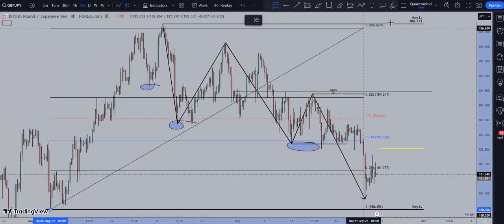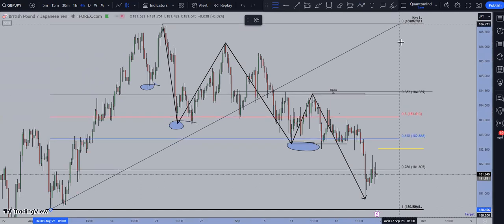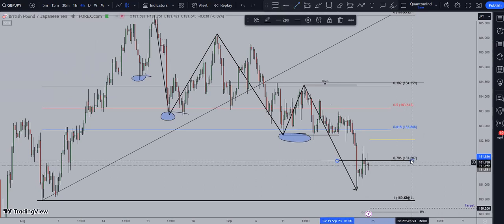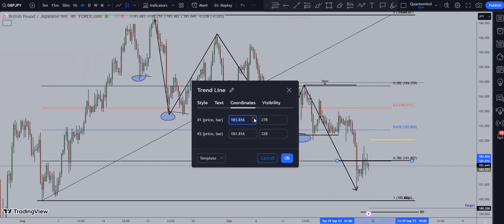Let me see. From this point to this point. And if I do the pullback target, this is the pullback target. Look at that. 2.2. Wow. Okay. 2.2.